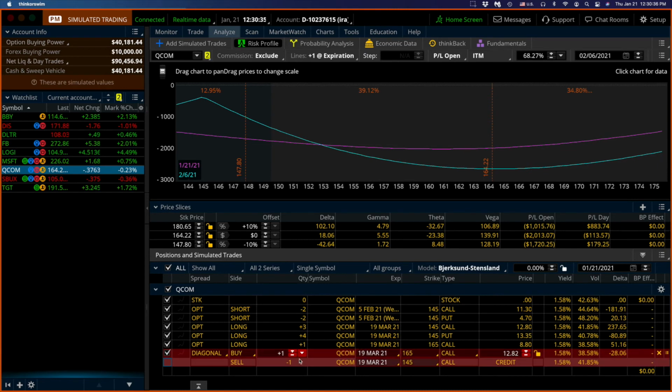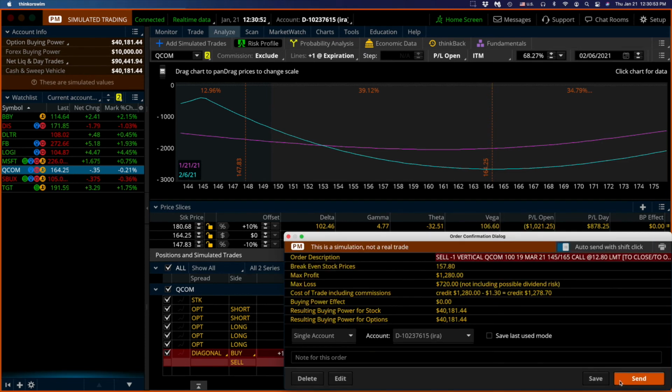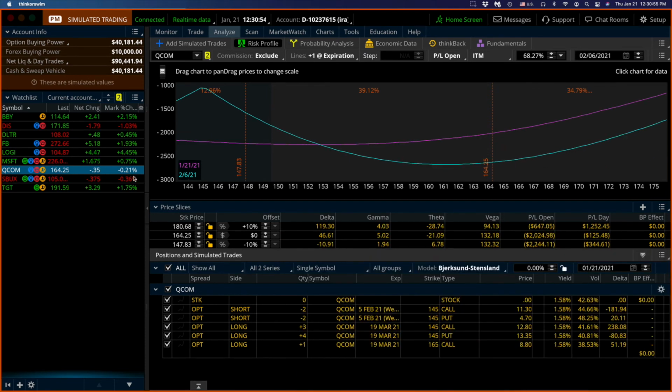Look at what we're selling. The 45 that we're selling has a volatility of almost 42%, which means it's more expensive than the 38 I'm buying. Great. Confirm and send. We're getting good premium for our money.